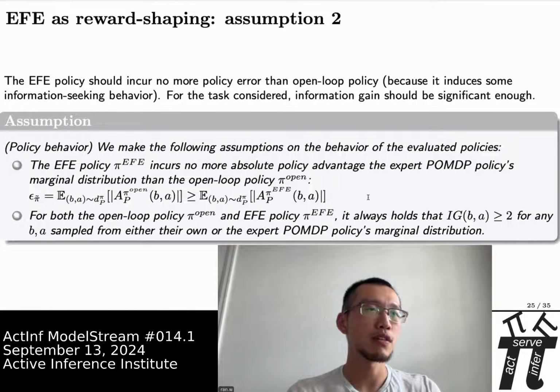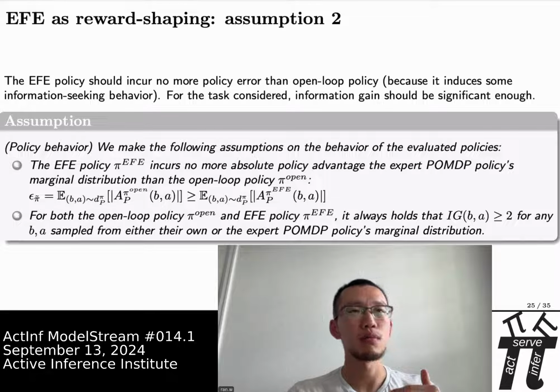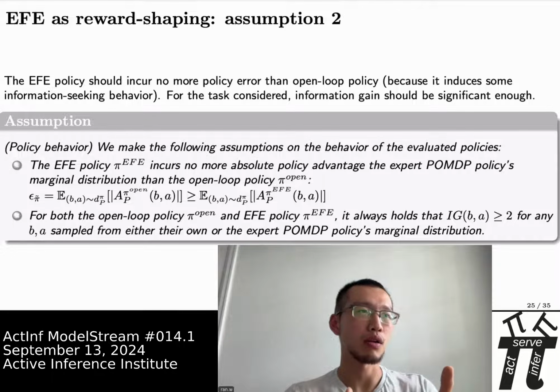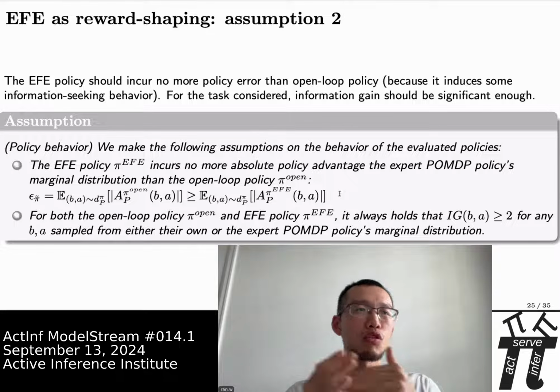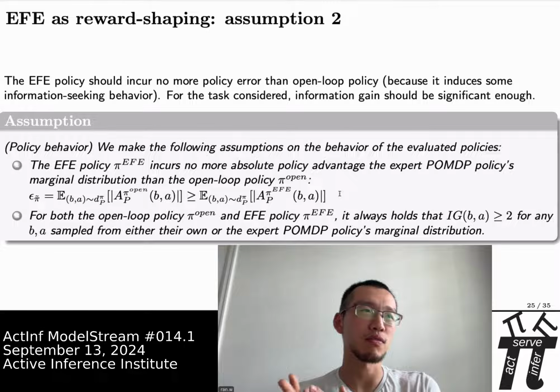Then the second set of assumptions are introduced to make us able to compare the open loop policy and the EFE policy on more equal ground. The first is that we assume the EFE policy does no worse in terms of policy advantage compared to the open loop policy.